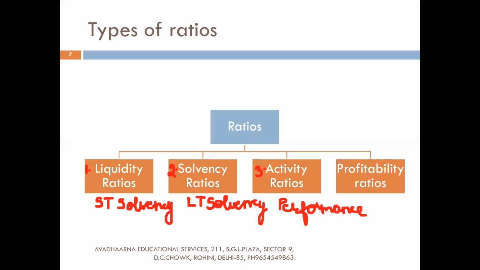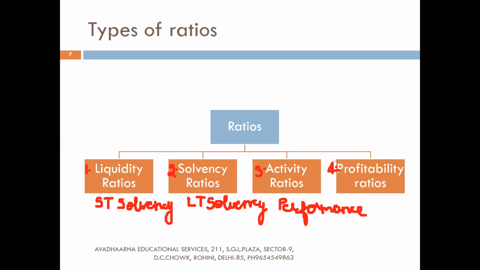The fourth type of ratio is profitability ratios, and profitability ratios, as the name indicates, are helpful in measuring the profitability index. We compare different profits, like gross profit, operating profit, net profit, with our sales.